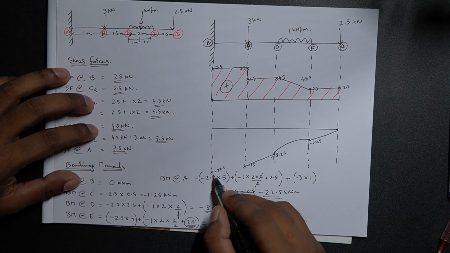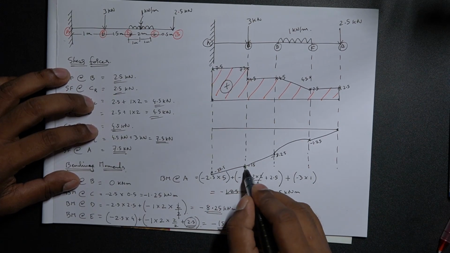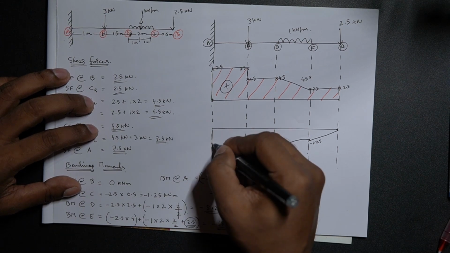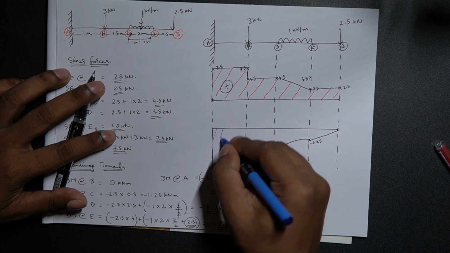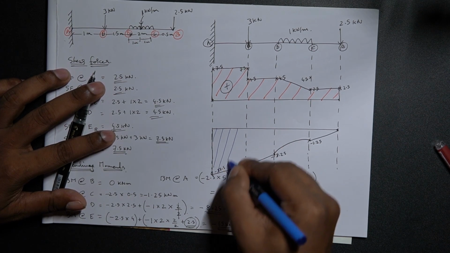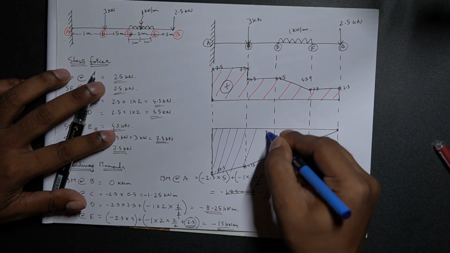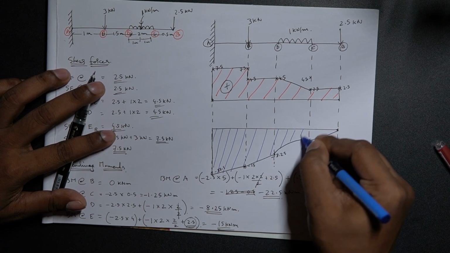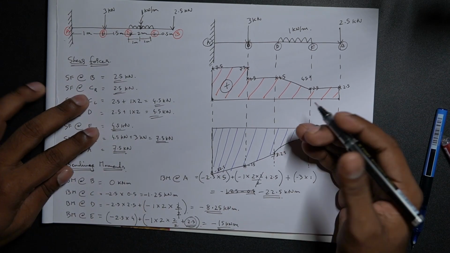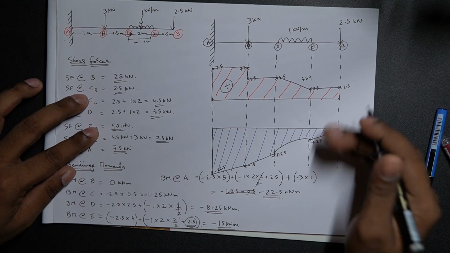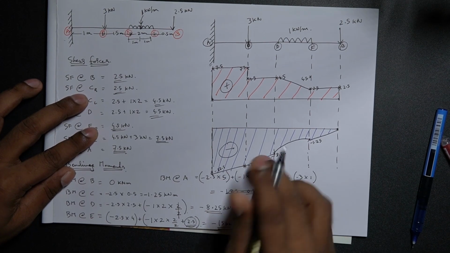And lastly it will be linear again. Everything is happening on the negative side, below the x-axis, so the bending moment will be negative.